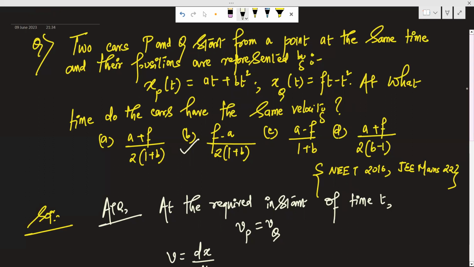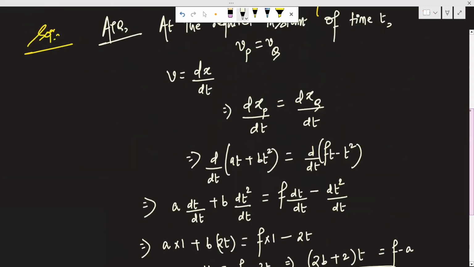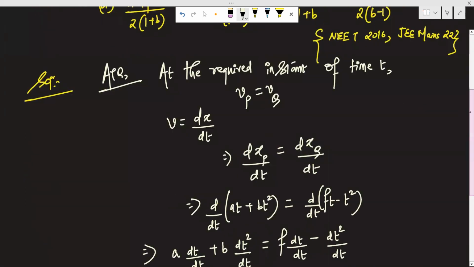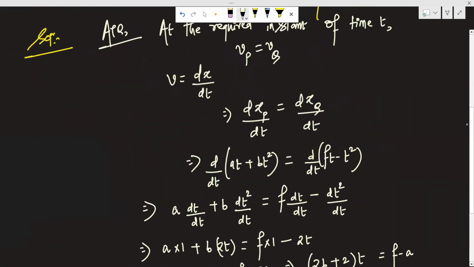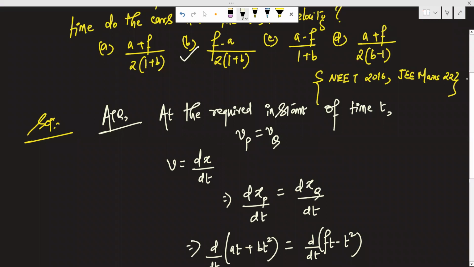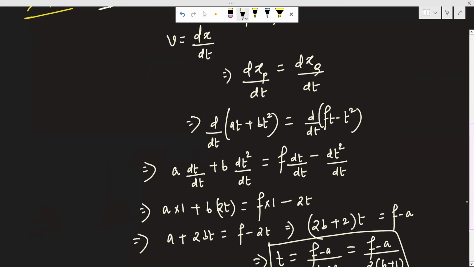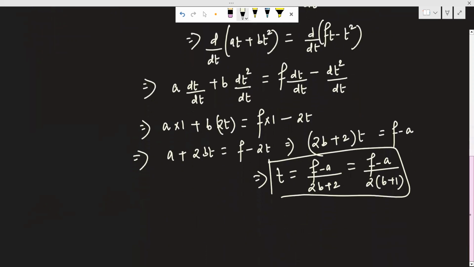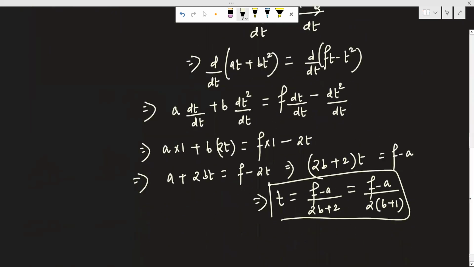We have to find at what time the velocity of both will be the same, at which instant, meaning Vp will be equal to Vq. Now how do we calculate velocity from position? Obviously by derivative. We know velocity is dx/dt. So the derivative of x of P and the derivative of x of Q will be equal. Now find the derivatives and equate them. You will get the required time t. Is that clear?